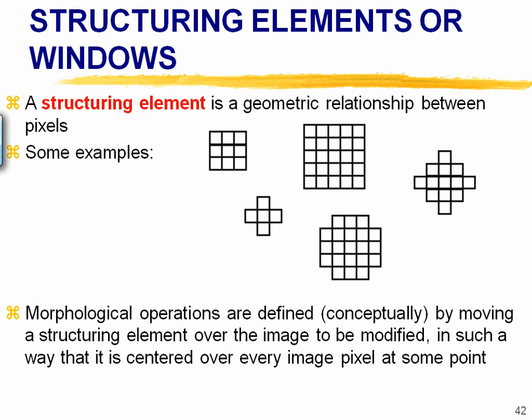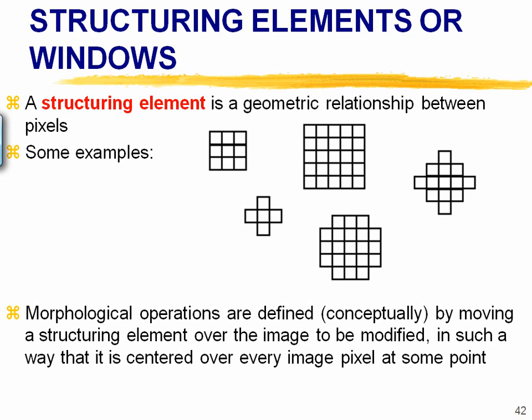And the number of pixels that we perform the operation on is given by a structuring element that can be of different size and so on. If you think of structuring elements for now as windows, these are all potential windows, each one with a different size and a different shape.